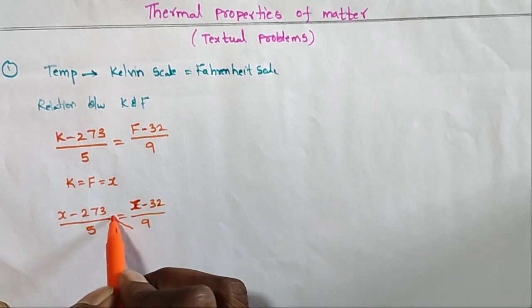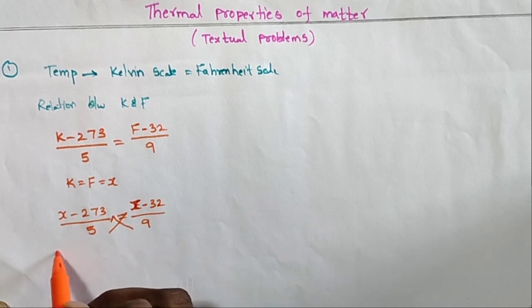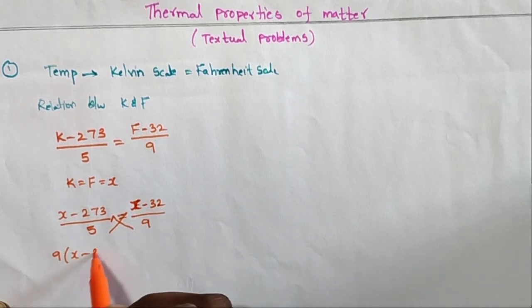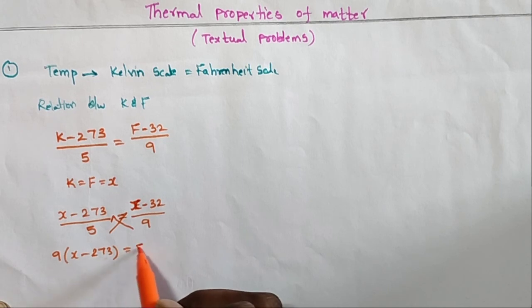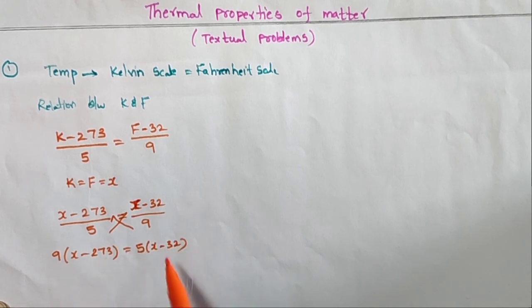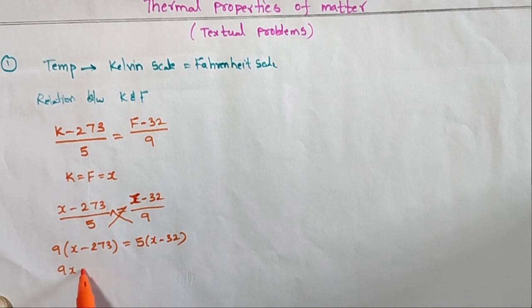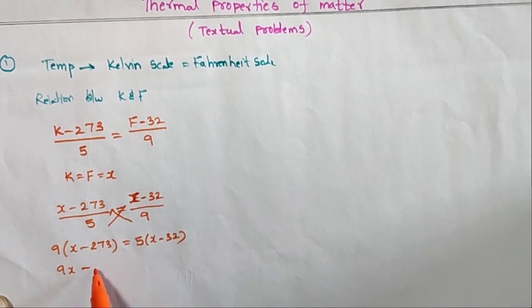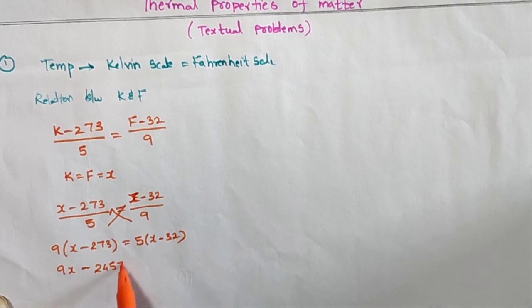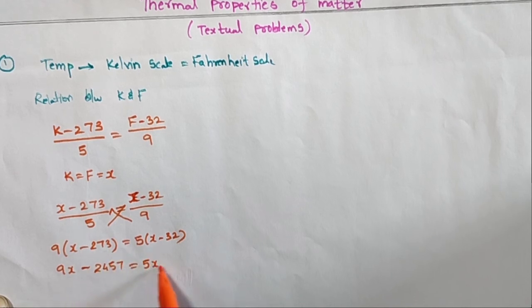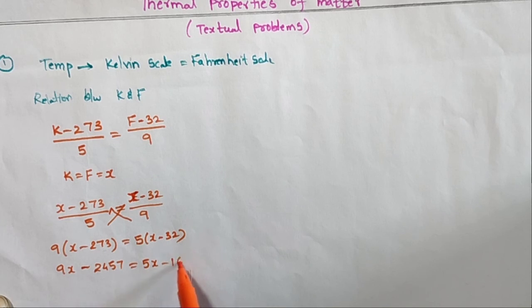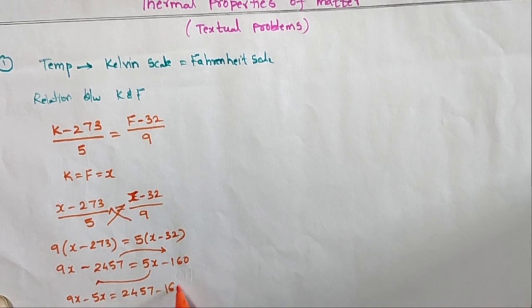Taking cross multiplication, 9 into (X minus 273) equals 5 into (X minus 32). So 9x minus 9 into 273, which is 2457, is equal to 5x minus 160.